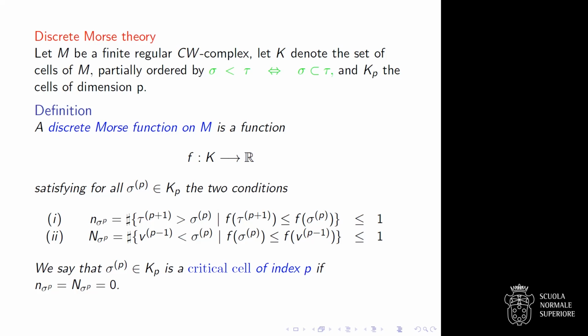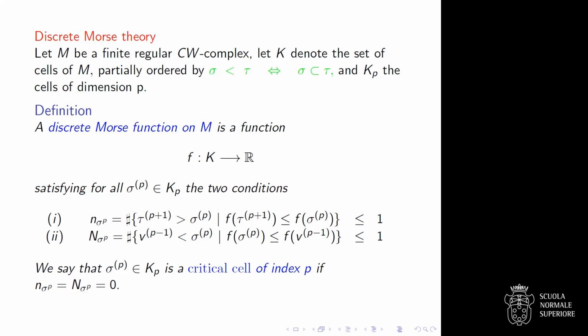A discrete Morse function is a function from K to R which satisfies, for any cell of dimension p, two conditions. The set of cells of dimension p plus 1 bigger than this cell sigma_p, on which the value of the function is smaller or equal, contains at most one element.